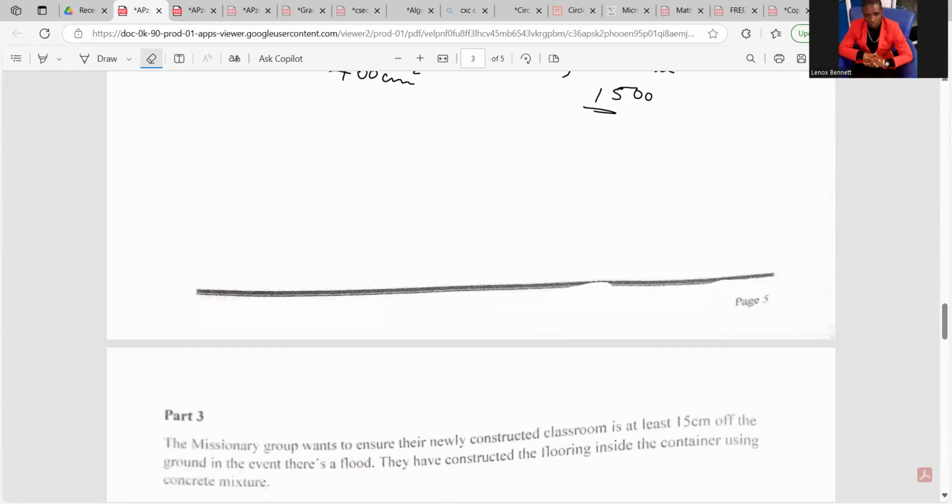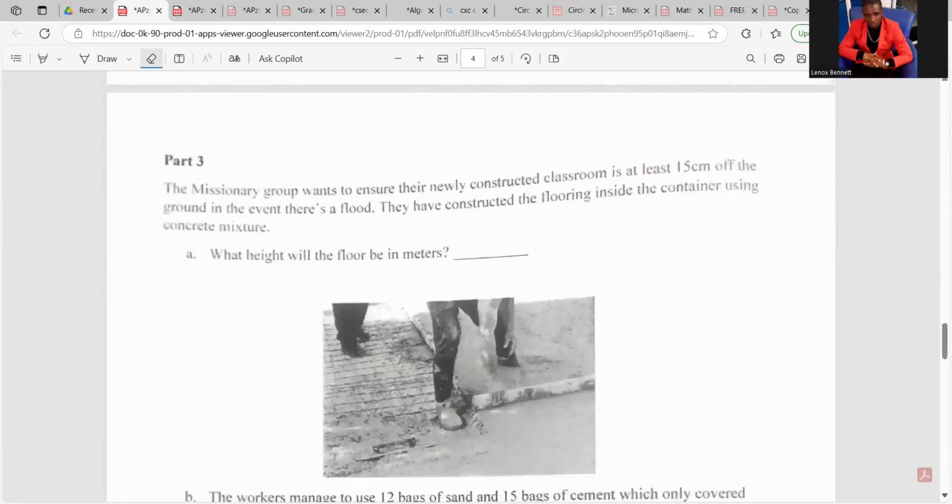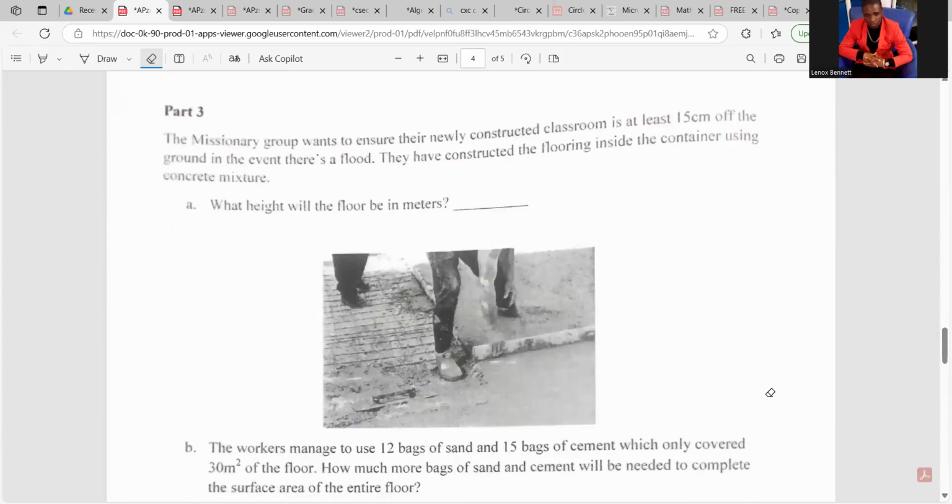All right. Part 3 says the missionary group wants to ensure their newly constructed classroom is at least 15 centimeters off the ground. So in terms of measurement, the height must be at least 15 centimeters off the ground, right?